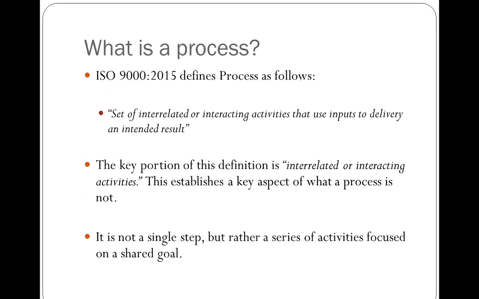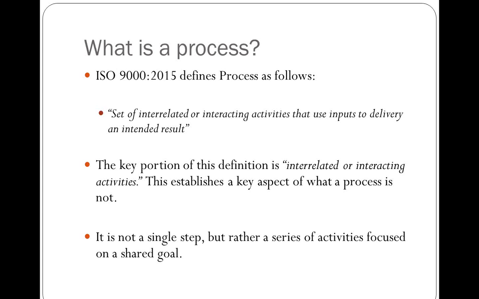So in terms of what is a process, let's dig into the 9000 document. This is the fundamentals and vocabulary, and we'll start with the official definition for process. It states, a process is a set of interrelated or interacting activities that use inputs to deliver an intended result. Excuse me for the typo.